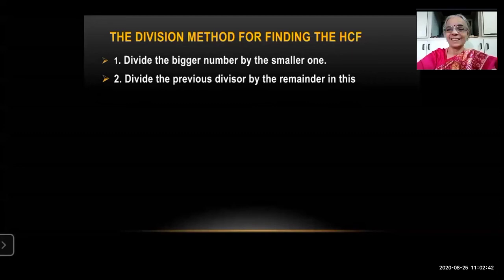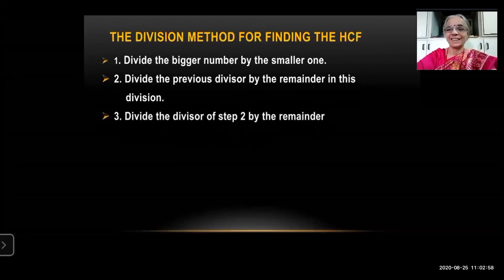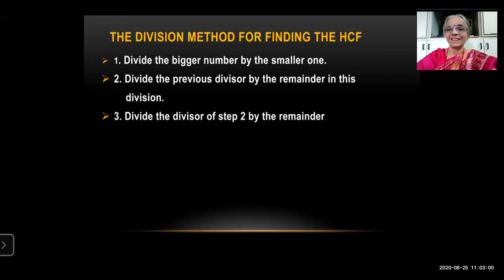Again, there may be some remainder. Just check whether the remainder is there or not. If the remainder is there, we need to continue to divide the divisor of the previous step by the remainder.